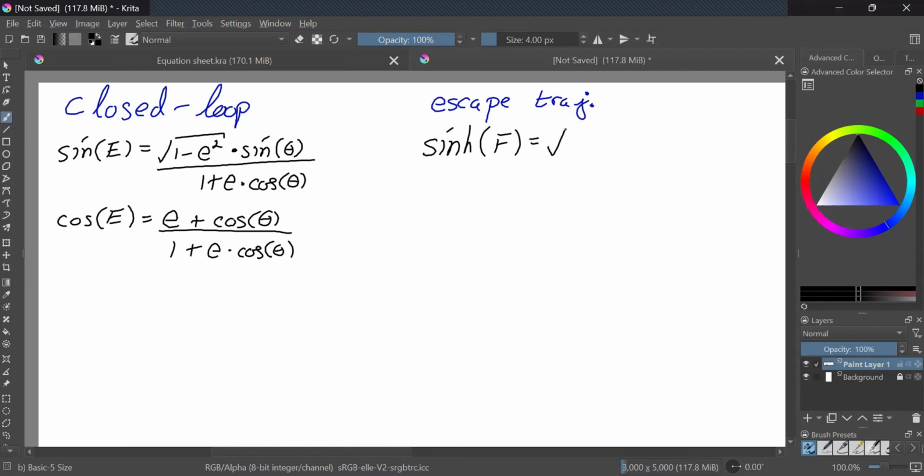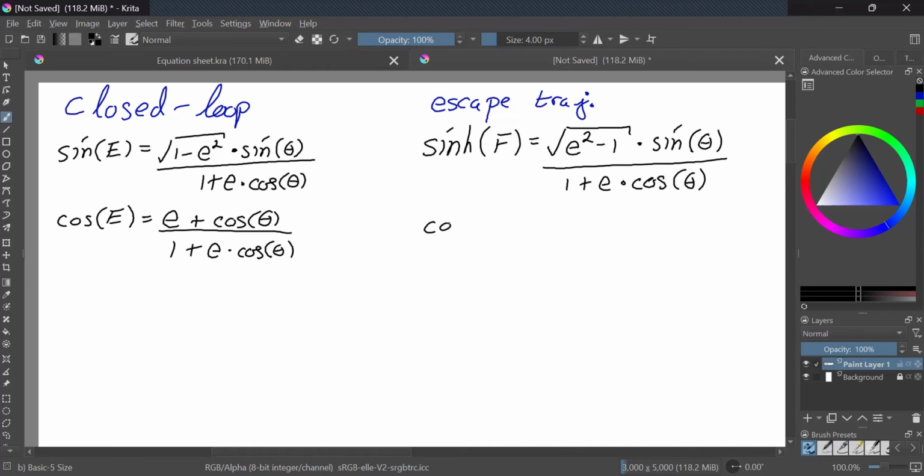That is... Let's try that again. There we go. Square root of e squared minus 1 times the sine of theta over 1 plus the eccentricity times the cosine of theta.